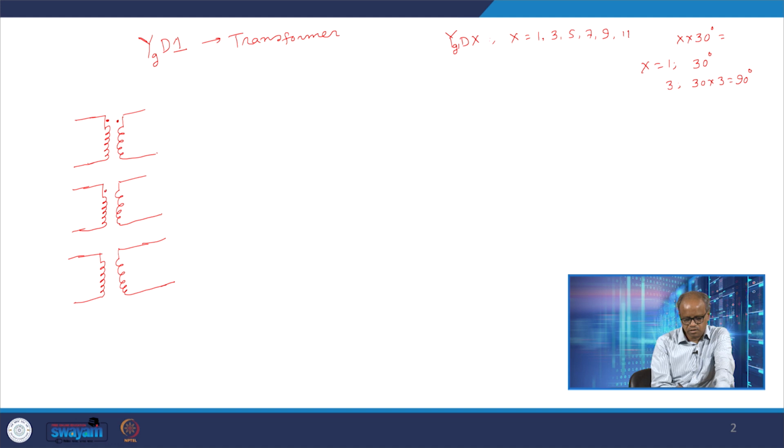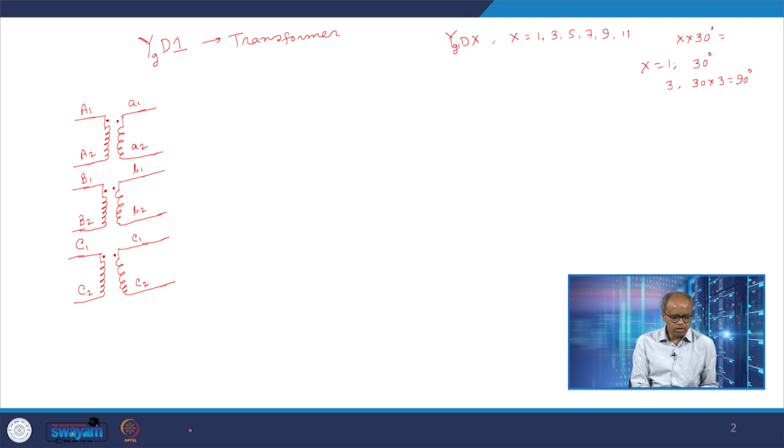Let's say that the dots are here and here, and the dots are here and here, and then we mark the terminals A1, A2, B1, B2, capital C1, capital C2, and we also mark the terminals at this end as small a1, small a2, small b1, small b2, small c1, small c2.